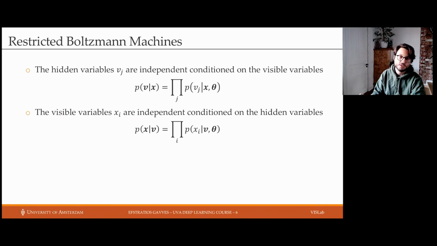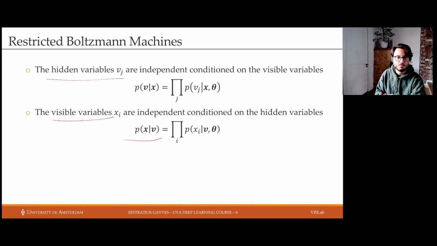For restricted Boltzmann machines, we have to define the hidden variables as being independent, conditioned on the visible variables, and vice versa, the visible variables are independent conditioned on the hidden variables. This is a design choice with certain advantages and disadvantages that we will see later.